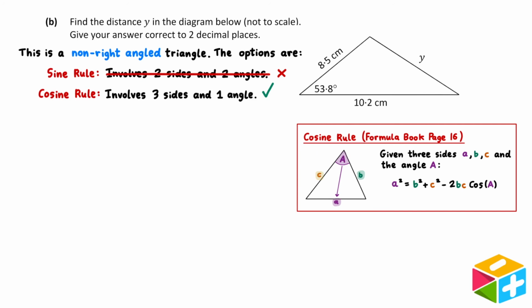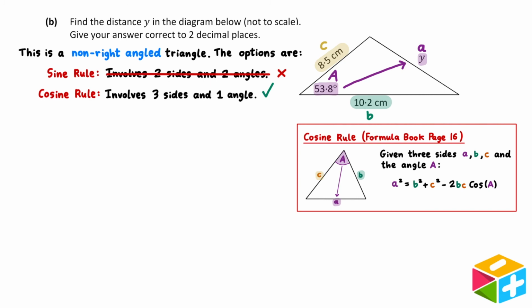The cosine rule only involves 1 angle, capital A. In our triangle, we only know 1 angle, this 53.8 degrees. So let's label this with capital A. The side opposite this gets labelled with lowercase a. In our triangle, this is the unknown value y. The other 2 sides can be labelled with b and c in any order.